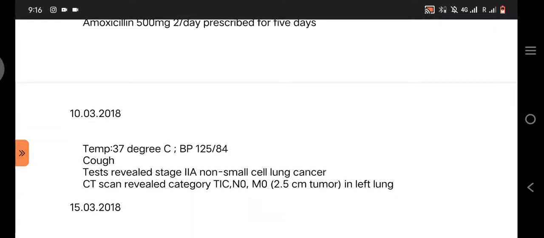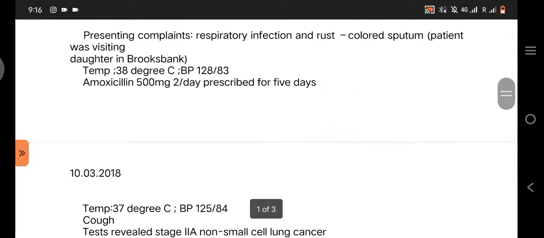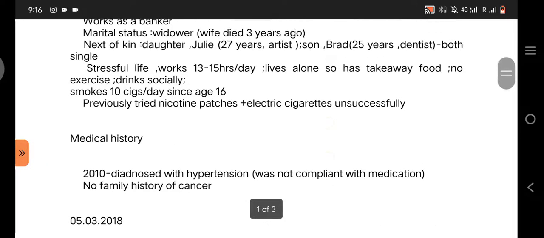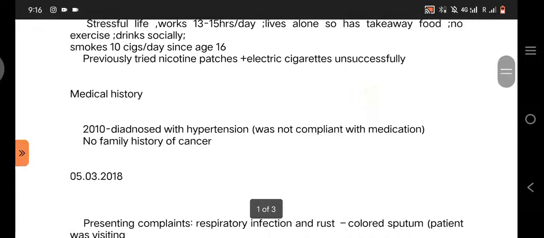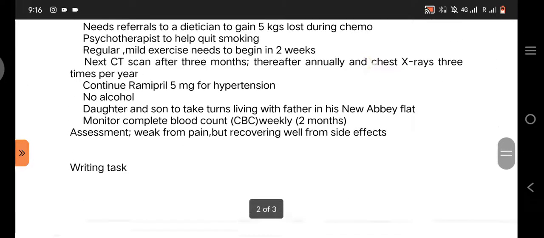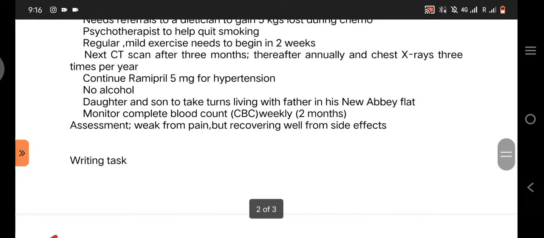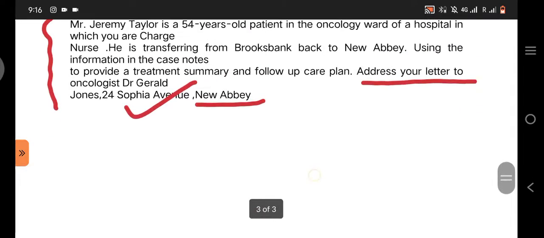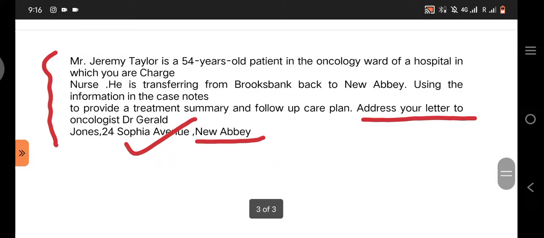So here we can write, I'm writing to transfer Mr. Jeremy Taylor, who requires an oncologist. It is an oncologist, so you cannot write care and all that. It's given there to write a letter to an oncologist and provide a treatment summary and follow-up care plan.